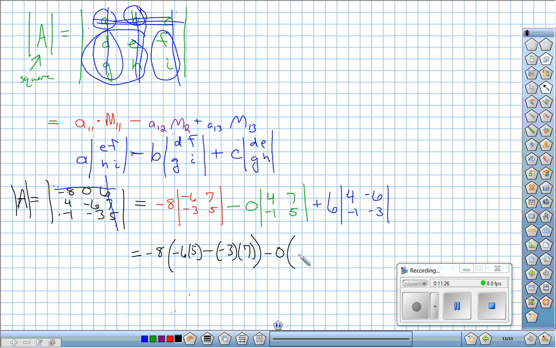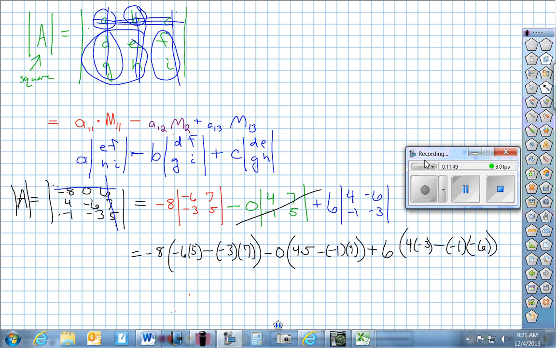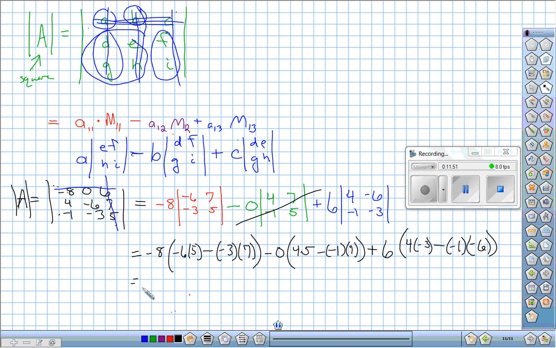If it's 0, basically you can cross this whole thing out. But I would have 4 times 5 minus -1 times 7. Then I would have +6 times 4 times -3 minus -1 times -6.